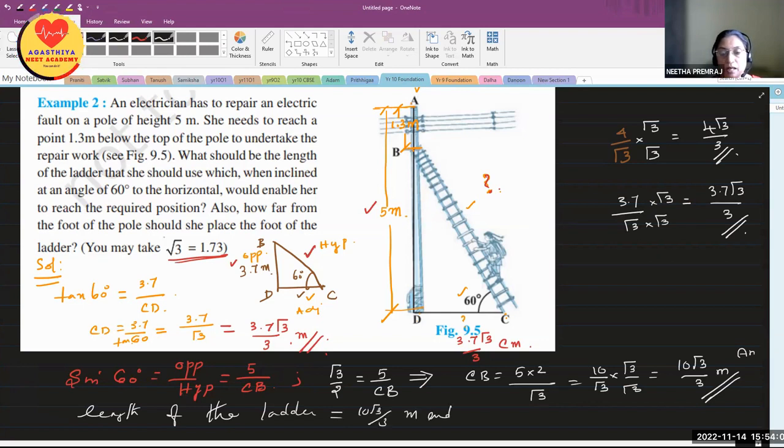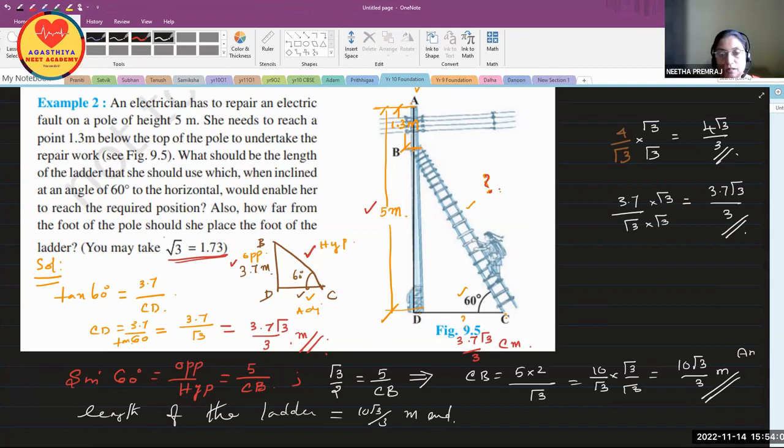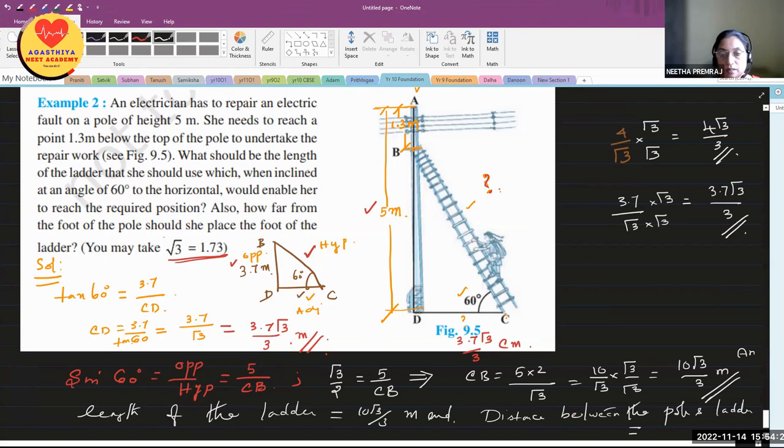And distance between the foot of the tower and the foot of the pole and the ladder, distance between the pole and ladder equals 3.7√3 meter. This way you can write the conclusion.